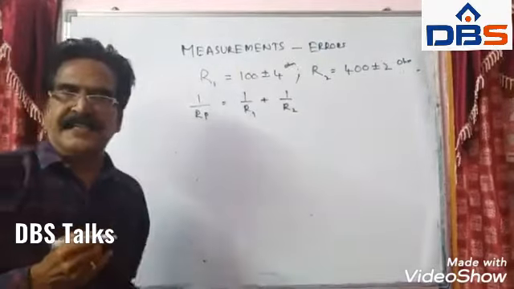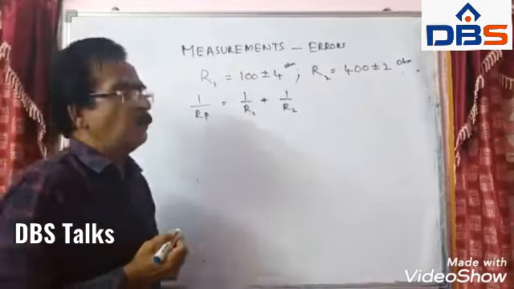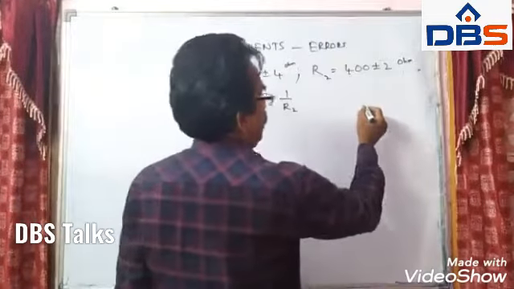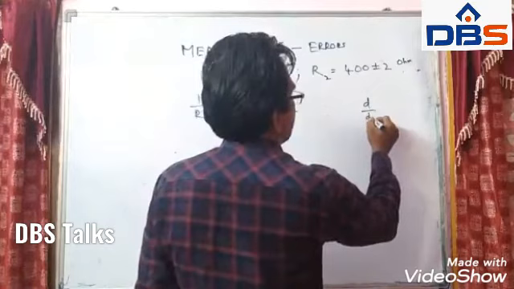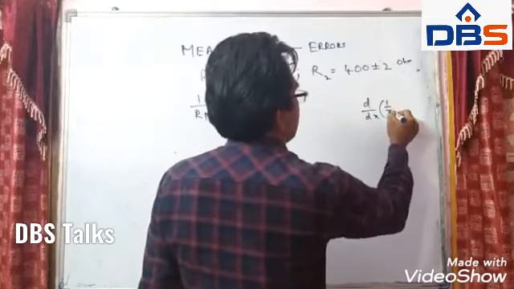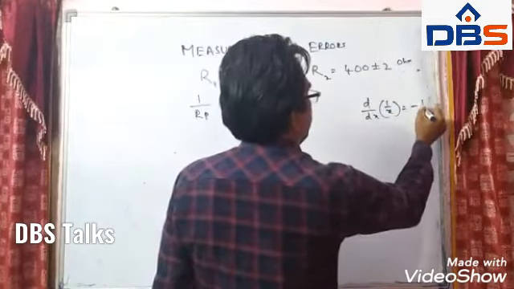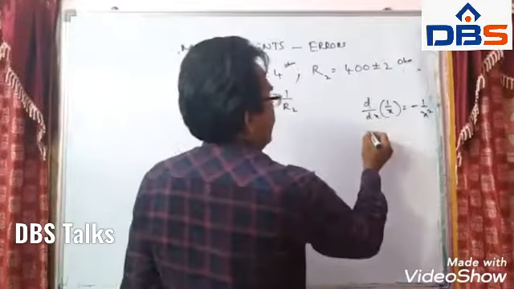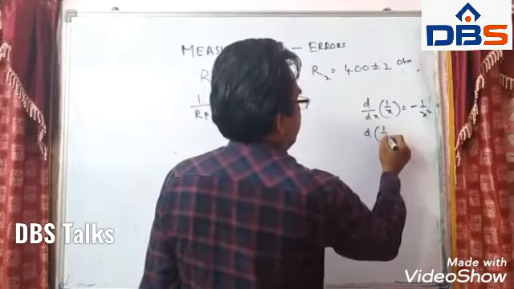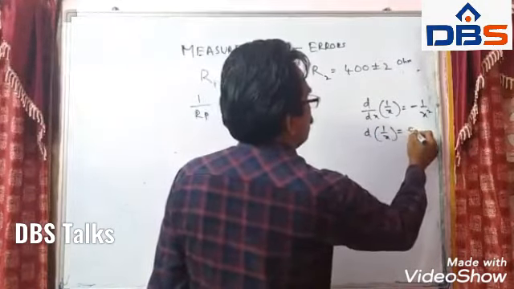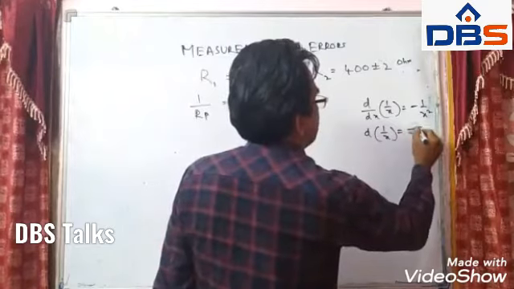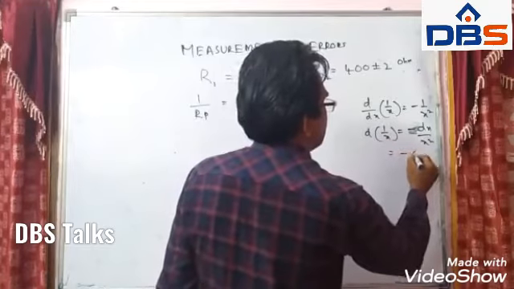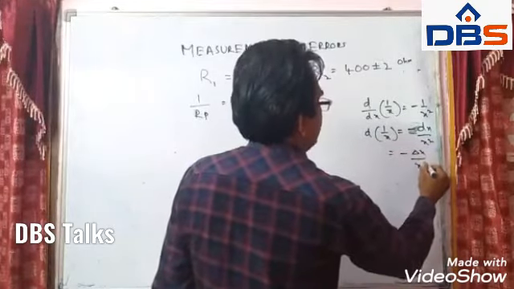So on differentiating, you know d by dx of 1 by x is equal to minus 1 by x square. And d of 1 by x is equal to minus dx by x square, that is equal to minus delta x by x square.